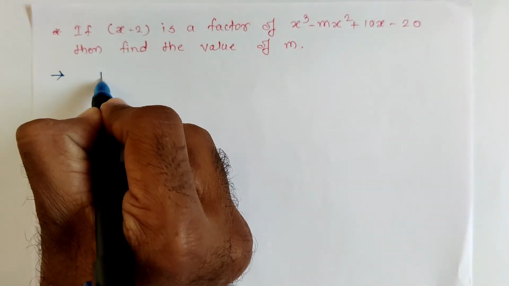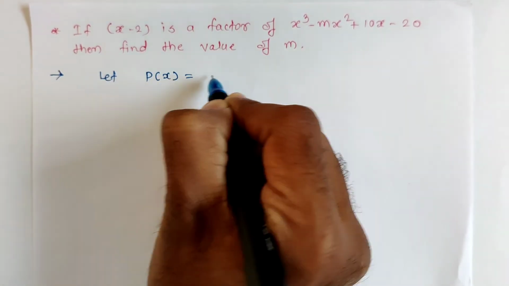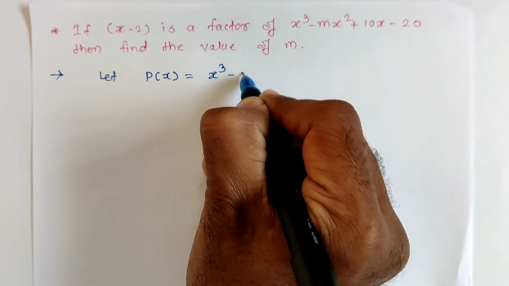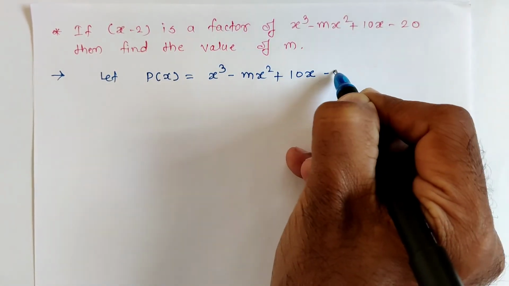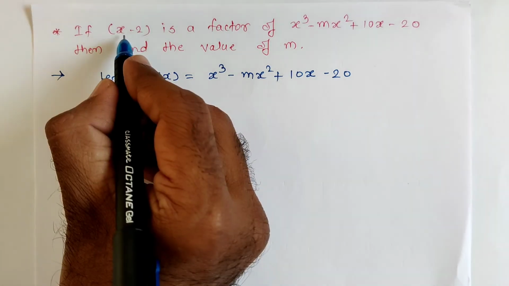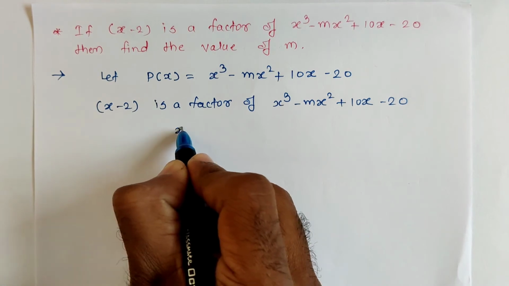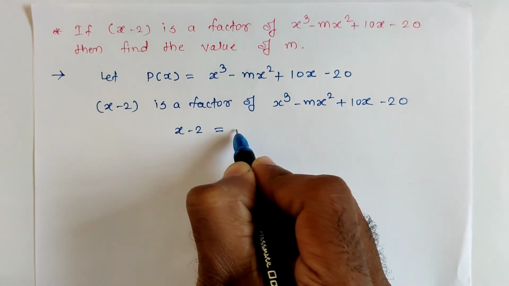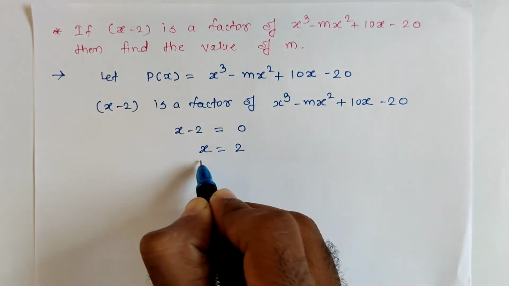So again let us name the polynomial, that is p of x is equal to x cube minus mx square plus 10x minus 20. Now it is given that x minus 2 is a factor of this polynomial. So we will equate x minus 2 with 0 so as to have x is equal to 2.